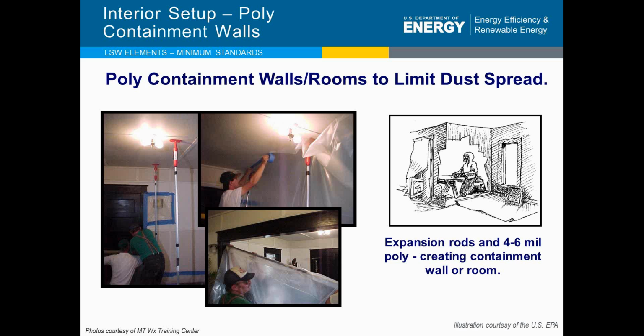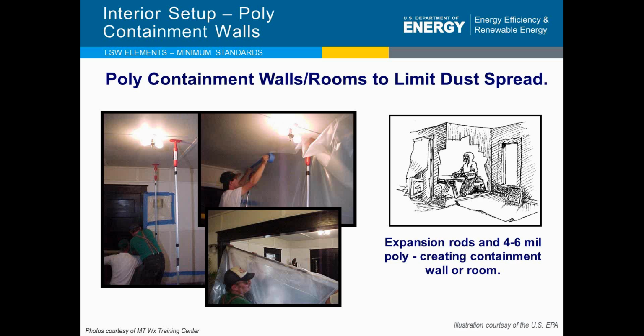RRP says, though, if you cannot attain 6 feet in all directions, you must use poly walls over that plastic. So as an example, let's say that you can only go 4 feet in all directions. Then in that particular case, the poly walls or going vertical is required.